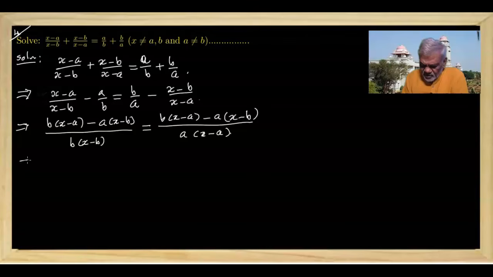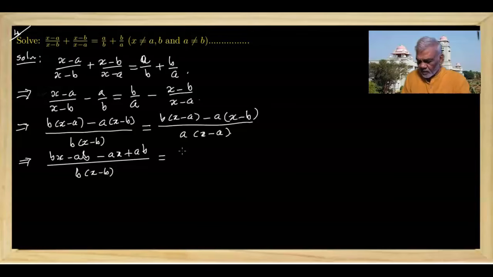And simplification of the numerator, what we will get: bx minus ab minus ax plus ab, divided by b into (x minus b), is equal to bx minus ab minus ax plus ab, divided by a into (x minus a).